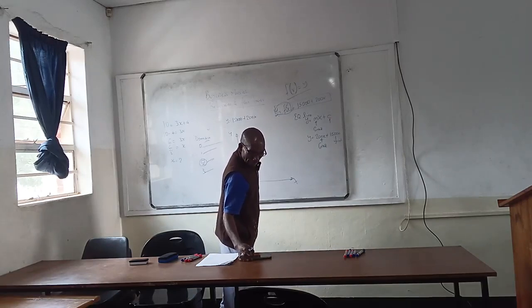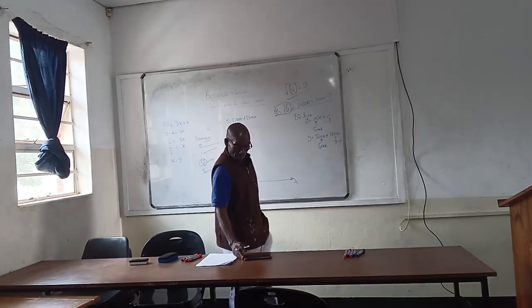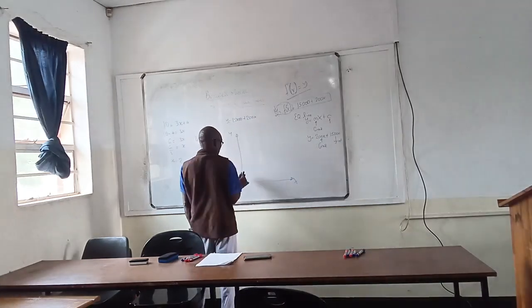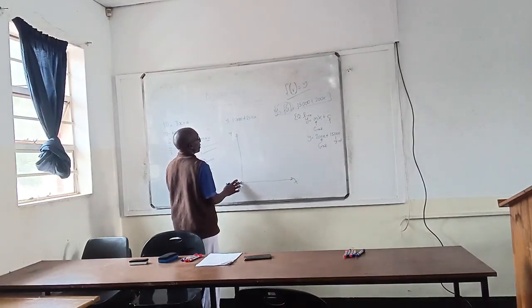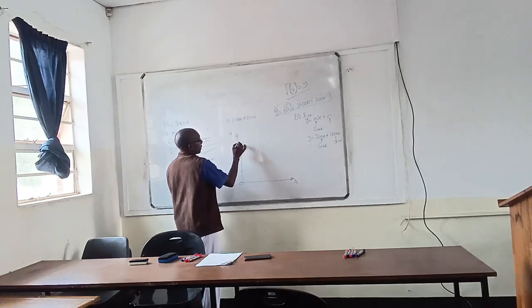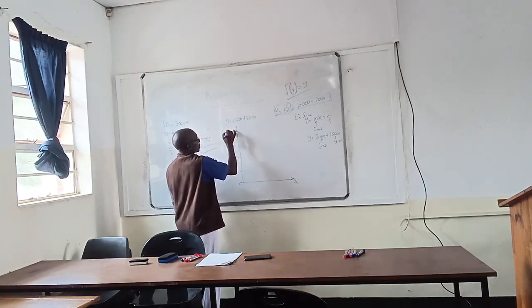We can start with 0, 5,000, 10,000, here 15,000, and then here 20,000.